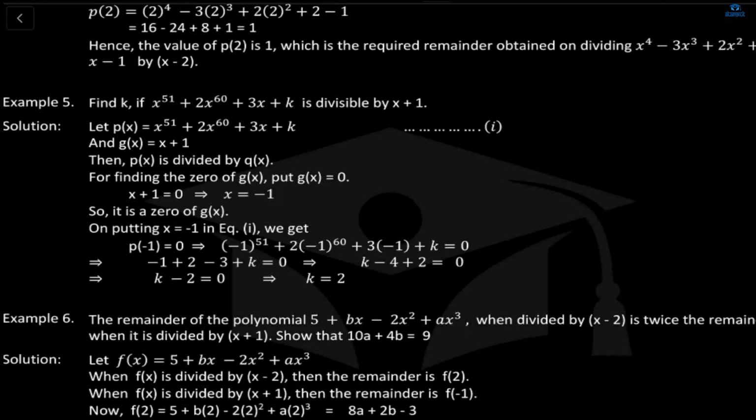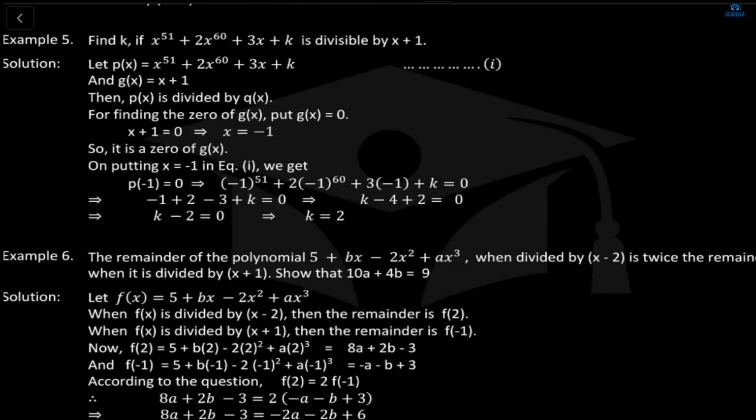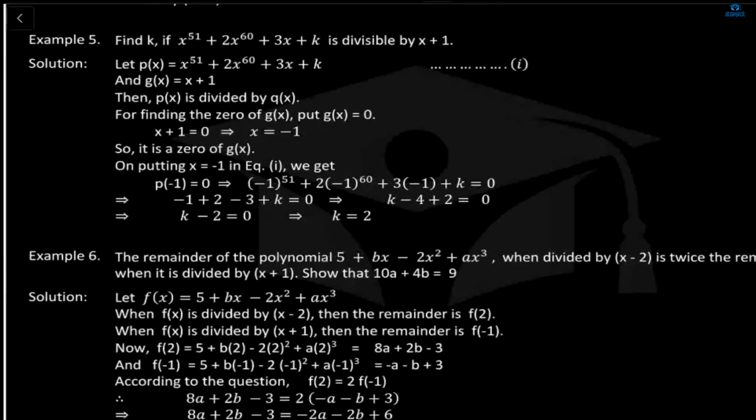There you had to check whether x minus 2 is a factor, or divides P(x), or find the zero of the polynomial. You follow the same method, but here it is about the remainder theorem. You need to check what the remainder is, or sometimes, like question number 5 here, find k.